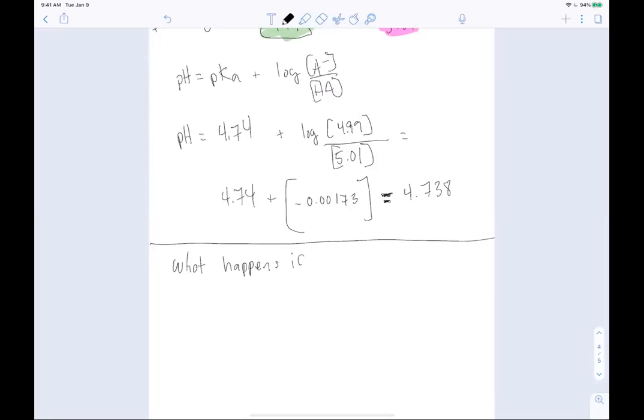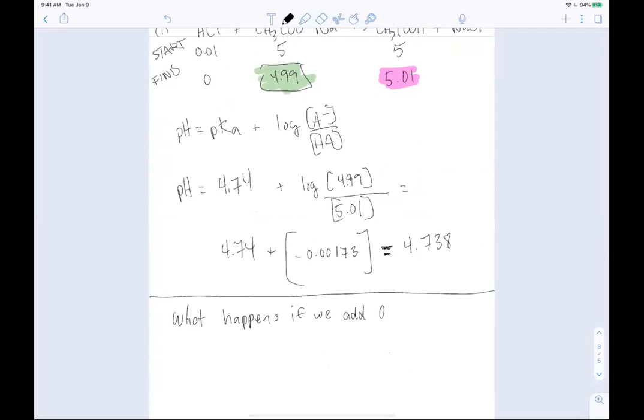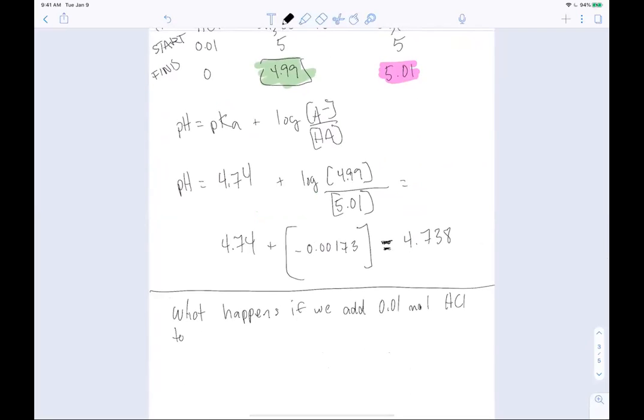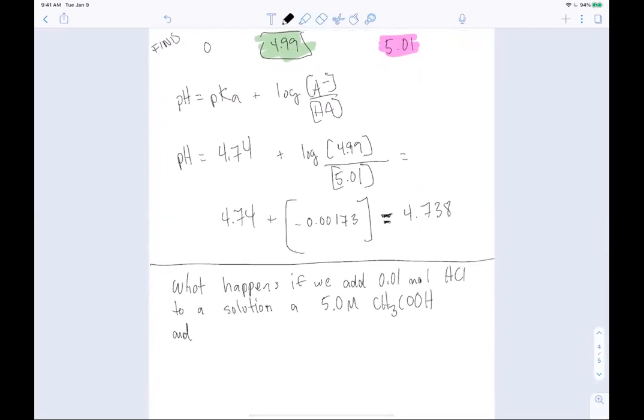What happens if we add 0.01 moles of HCl to a solution of 5 molar acetic acid and 0.05 molar acetate?